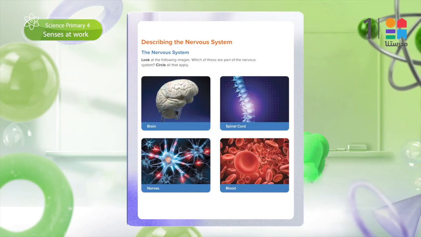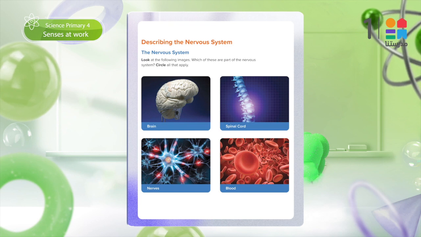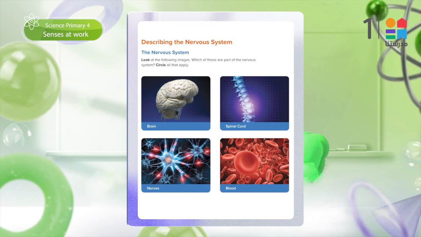We saw together that the parts of the nervous system are connected through the nerves that send and receive information from the body. Do you remember the function of each part? I bet you know that. Let's open the book on page 57 to revise them together and circle the right parts of the nervous system.